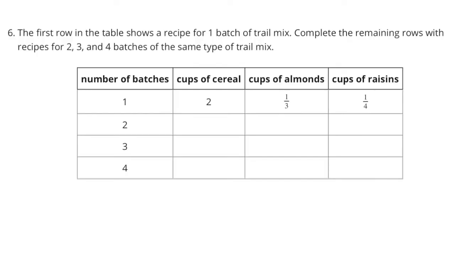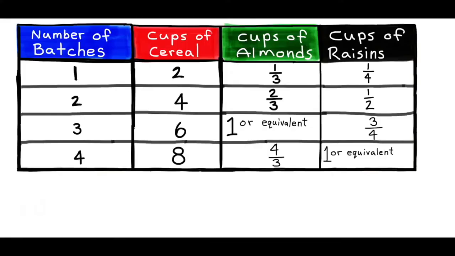Number 6. The first row in the table shows a recipe for 1 batch of trail mix. Complete the remaining rows with recipes for 2, 3, and 4 batches of the same type of trail mix. The number of batches column will increase by 1 each time. 1, 2, 3, 4.